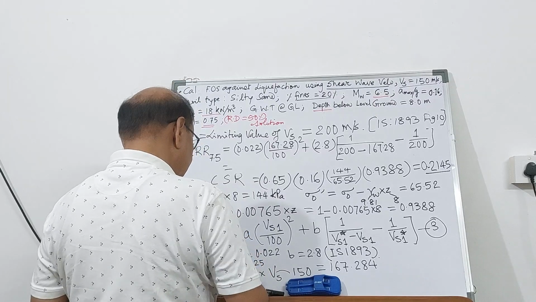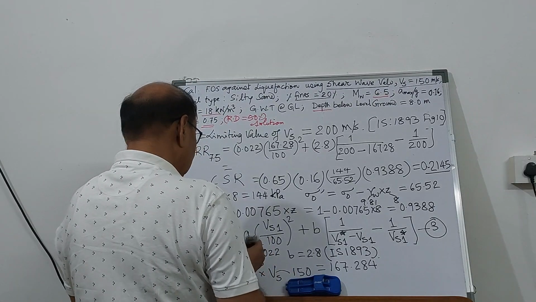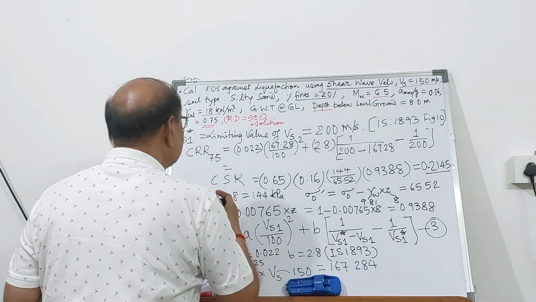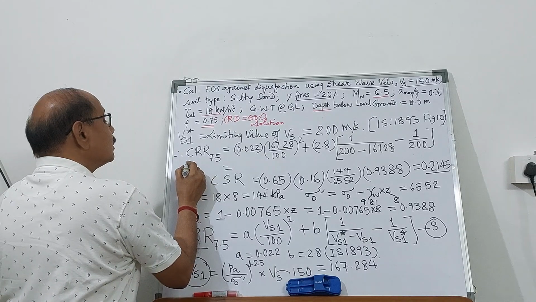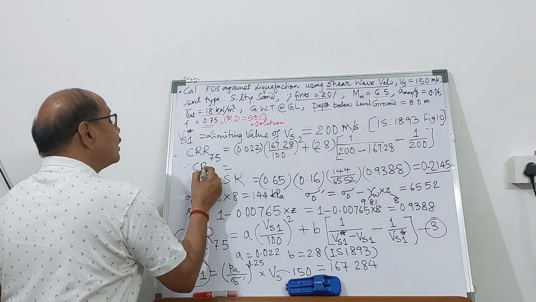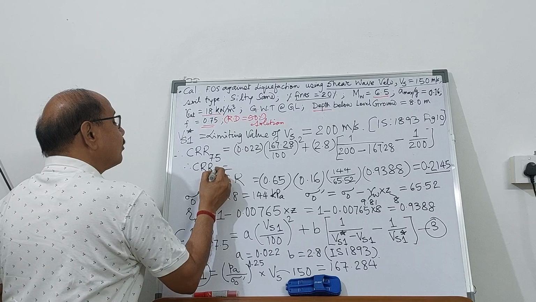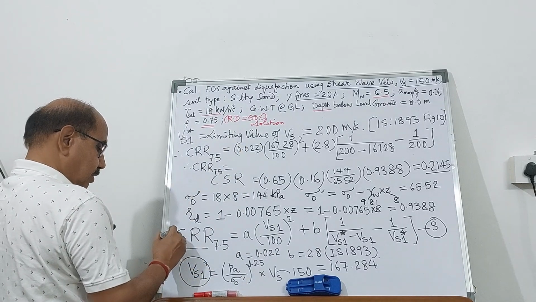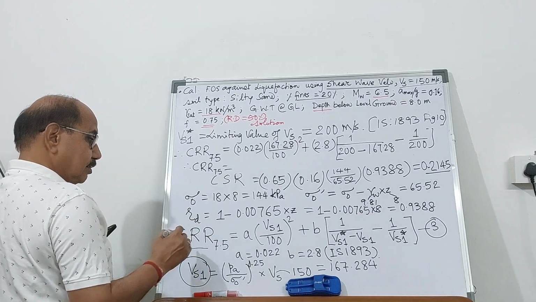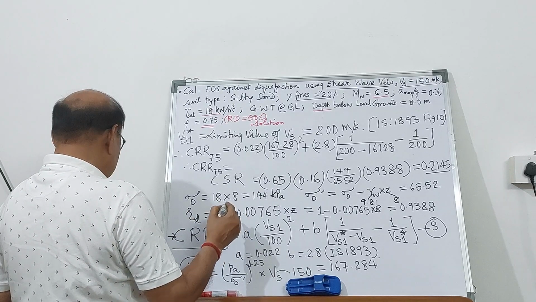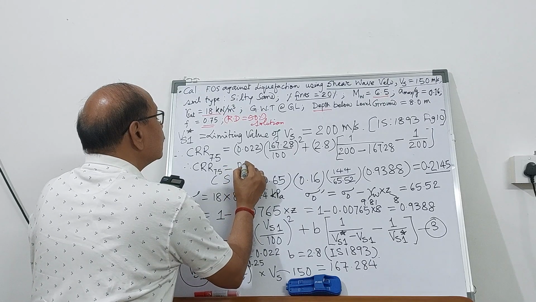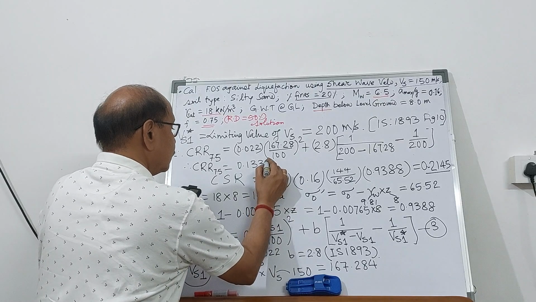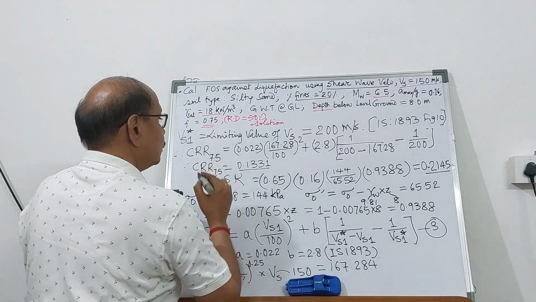This is 0.133. So the value of CRR for earthquake magnitude of 7.5 has been calculated from this expression given in equation 3, and this is 0.1331. This is the value.